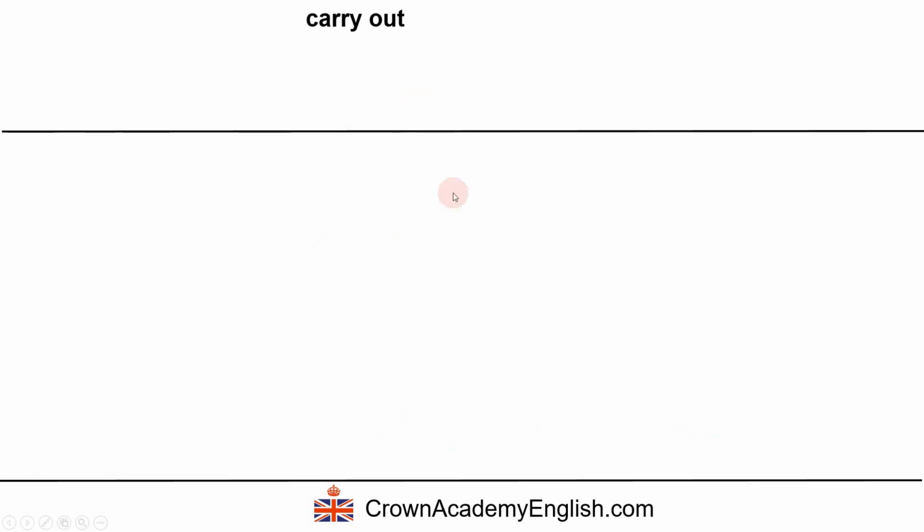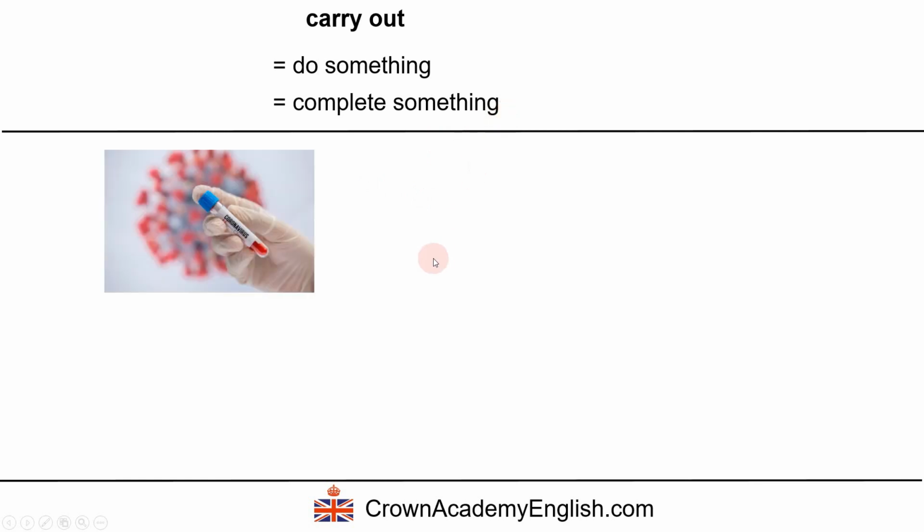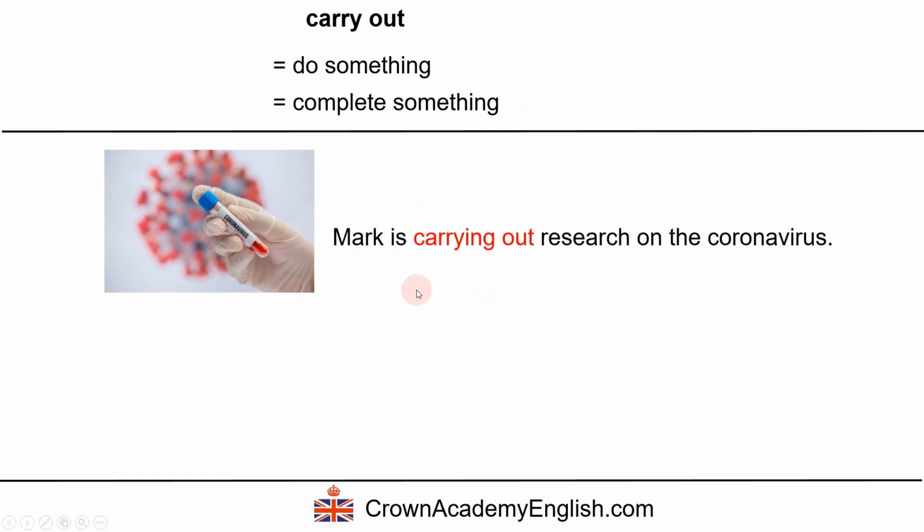Carry out. And this means to actually do something. Complete something. So a common example is research. So Mark is carrying out research on the coronavirus. Okay, so Mark is doing research. He is completing research on the coronavirus.